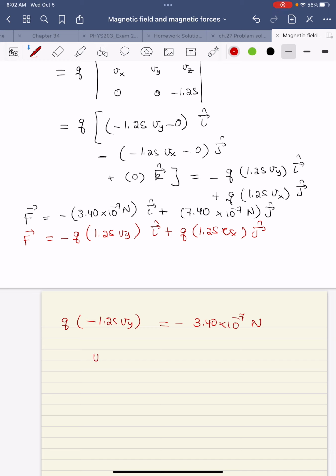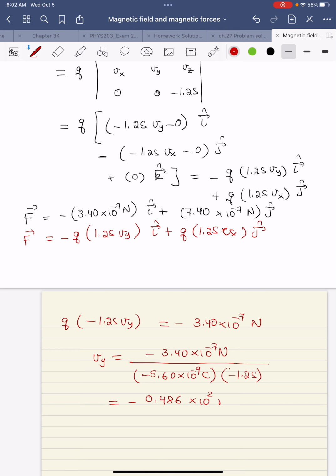From that, I can calculate Vy as negative 3.4 times 10 to the negative 7 newtons divided by negative 5.6, the charge in coulombs, and so on, which gives 0.486 times 10 to the 2 meters per second.